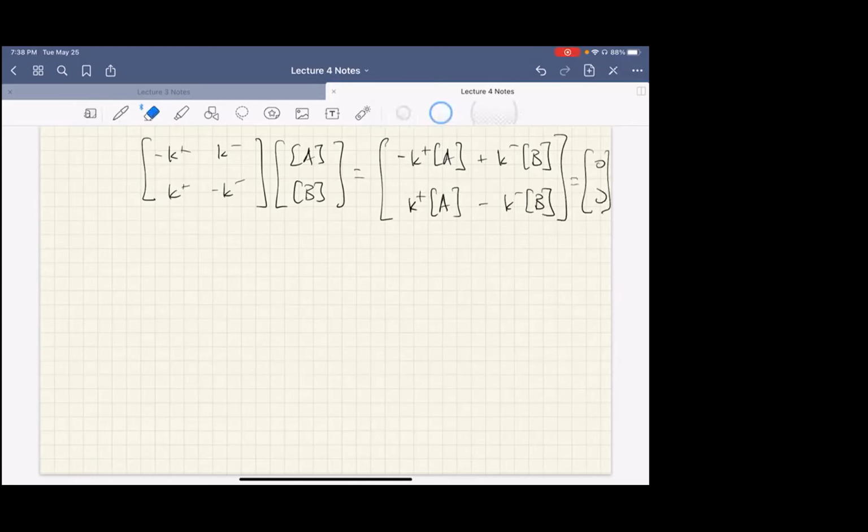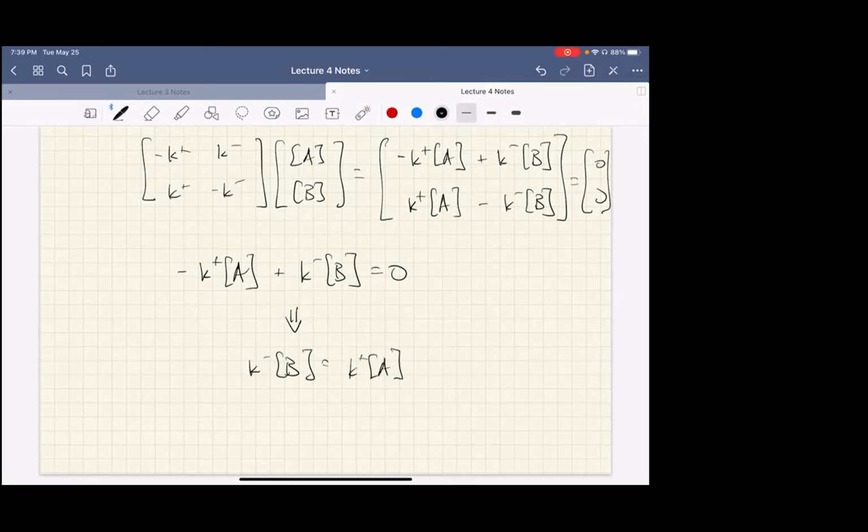So if I take the top part of the solution first, I have to have minus k plus A plus k minus B equals 0, which means k minus B is equal to k plus A, or concentrations of A and B are related as follows.